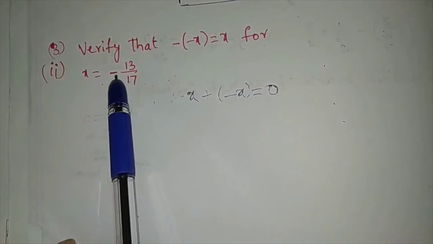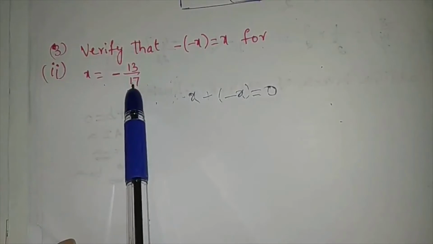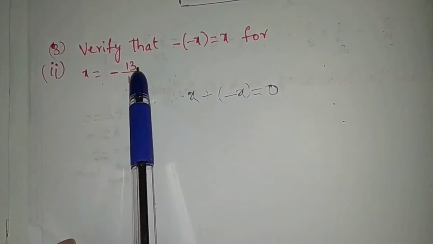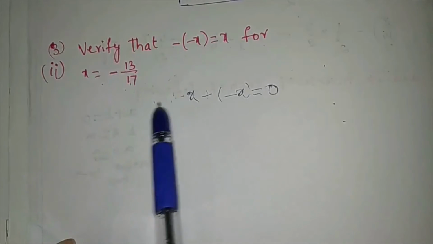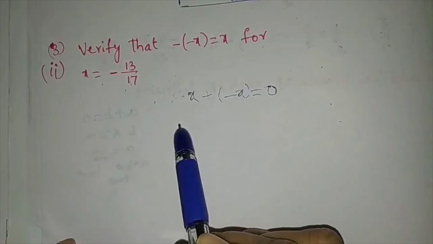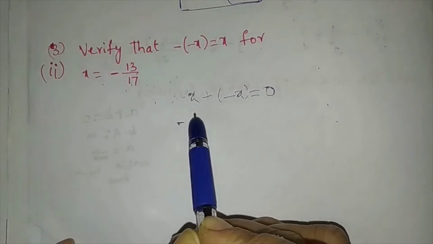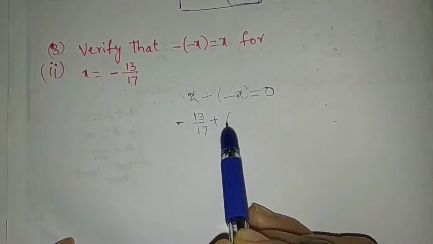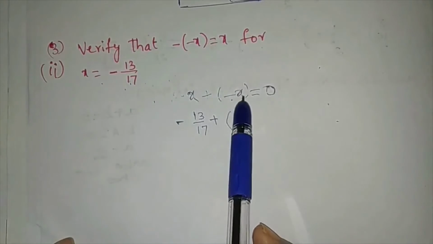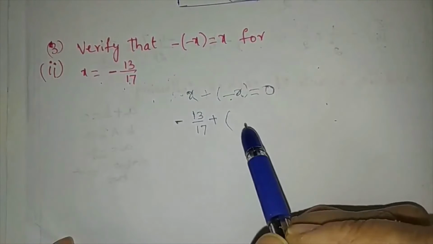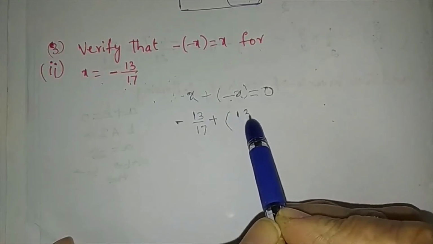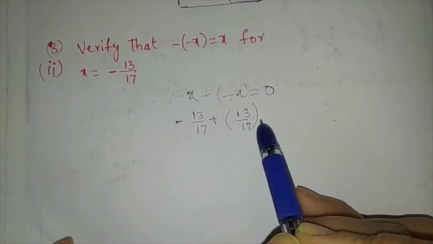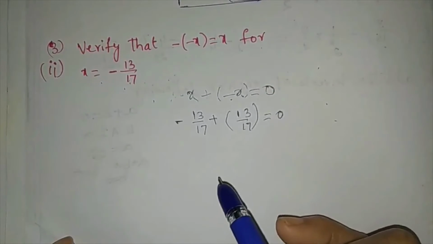Here our x is minus 13 by 17 and minus x is 13 by 17. Let's replace x with minus 13 by 17 plus 13 by 17, which is equal to 0.